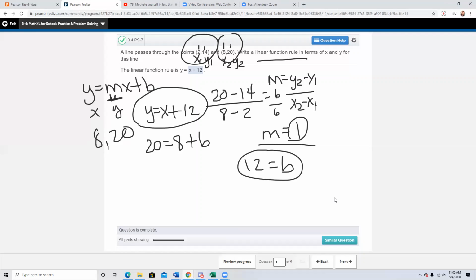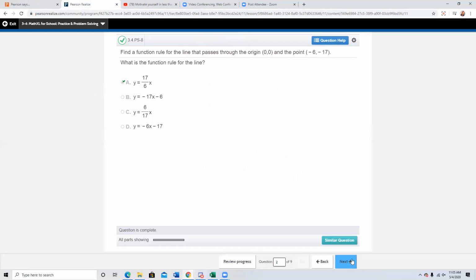We don't know what it is. Subtract 8 from both sides. 20 minus 8 is still 12. It is still 12. Okay, so this is your function rule. Moving on to the next question.